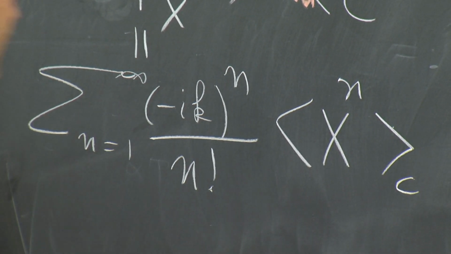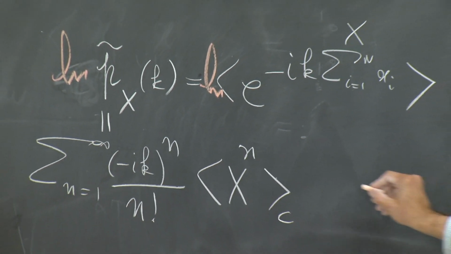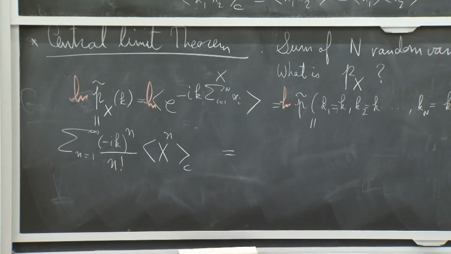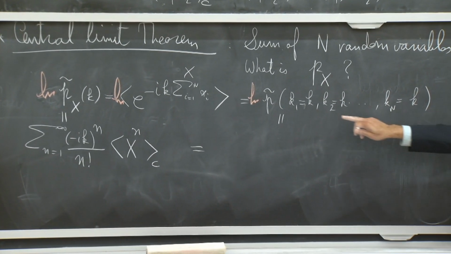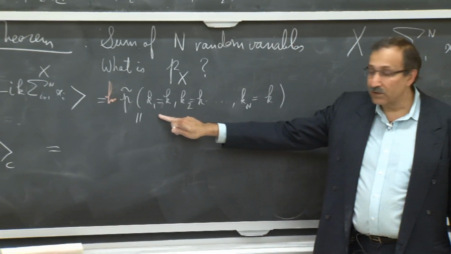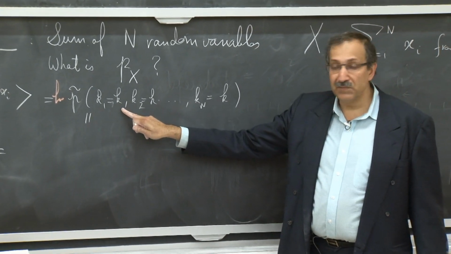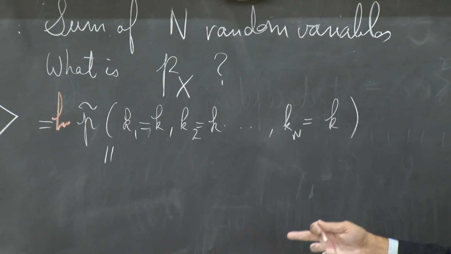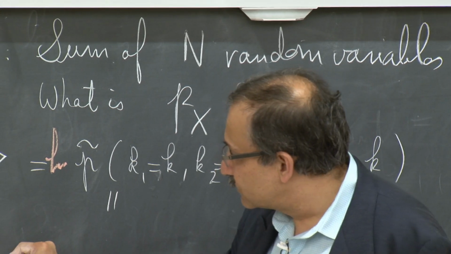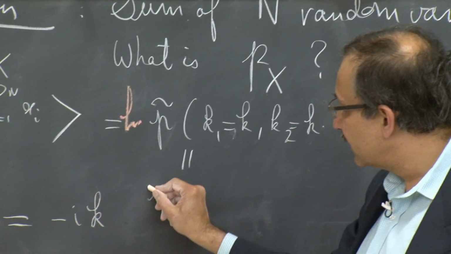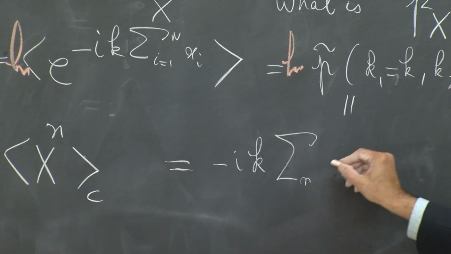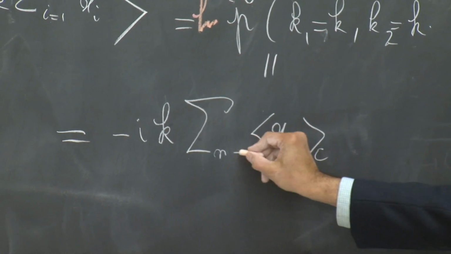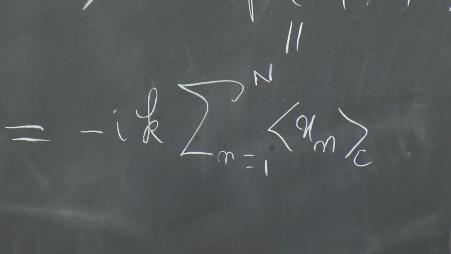So what is the expansion that I would have for the log of the joint characteristic function? Well, typically I would have at the lowest order k1 times the mean of the first variable, k2 times the mean of the second variable, but all of them are the same. So at first order I would get minus i, the same k, times the sum over n of the first cumulant of the nth variable.